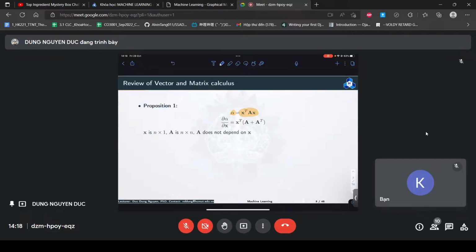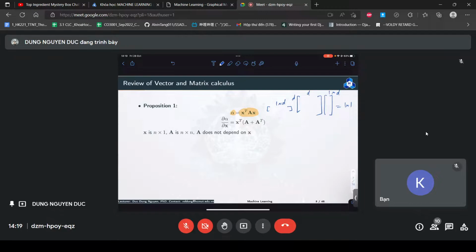Here x transpose is 1 by d, A is a matrix of d by d, and x is a vector of d by 1. Therefore, alpha is 1 by 1, which is a scalar.